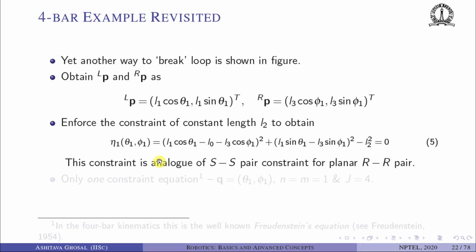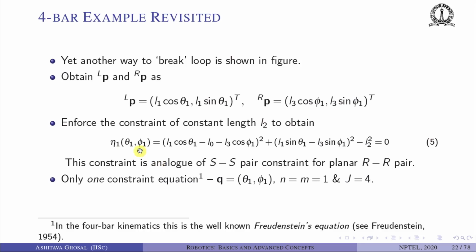In a plane, the SS pair is similar to an RR pair. So what do we have here? Here we have only one constraint equation with one theta 1 variable and one phi 1 variable. So Q contains theta 1 and phi 1, so n and m are equal to 1, and j is 4 here. We still have 4 joints in the mechanism.